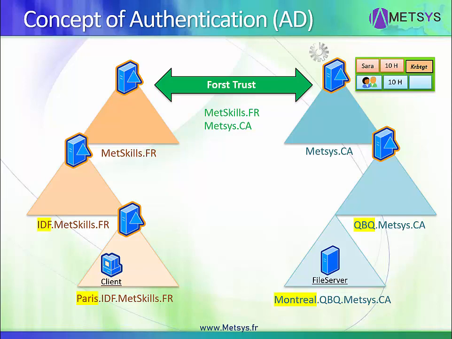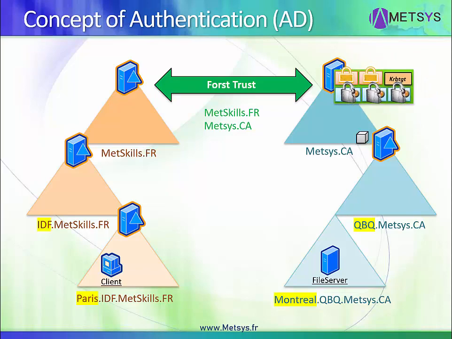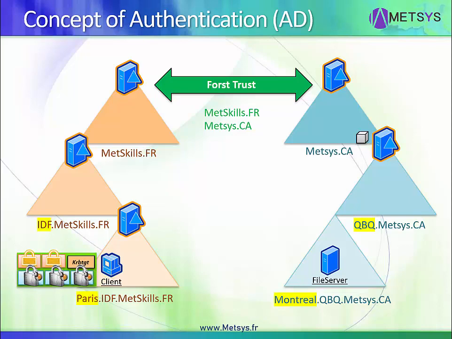A session key again is going to be created, and once the session key is created, the authenticator is encrypted and a copy of the session key will be placed inside the TGT. And of course, we do have a trust, and once we have a trust, we do have the key. That key will be used in order to encrypt the packet. And again, you know that this packet will be sent back to the client.